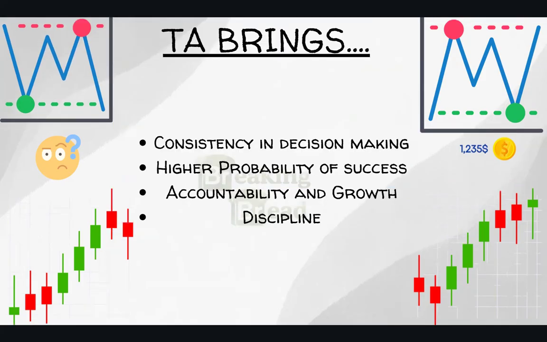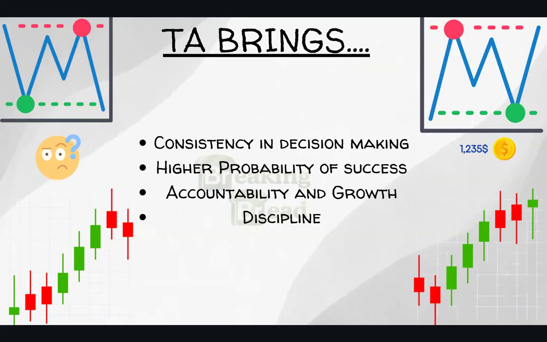Now, your technical bias is critical for long-term success in trading. Your technical bias brings consistency in your decision making. So you rely on predefined rules and strategies, which ensure your decisions are consistent. Your technical bias brings high probabilities of success. So over time, this structured approach improves your chances of making profitable trades.